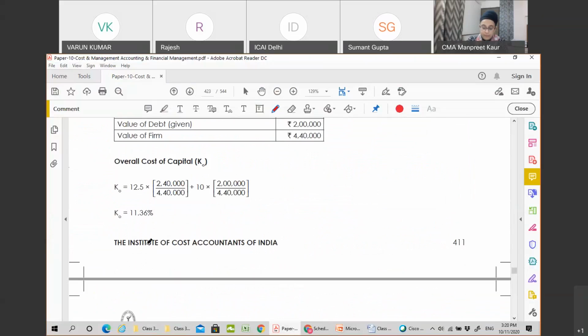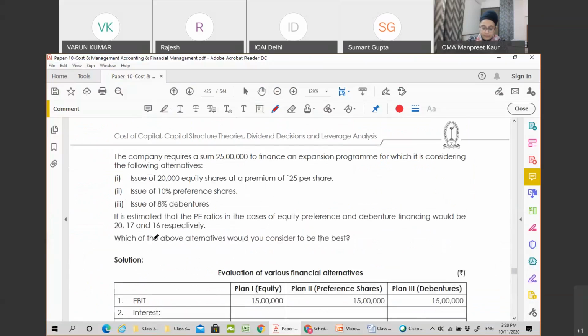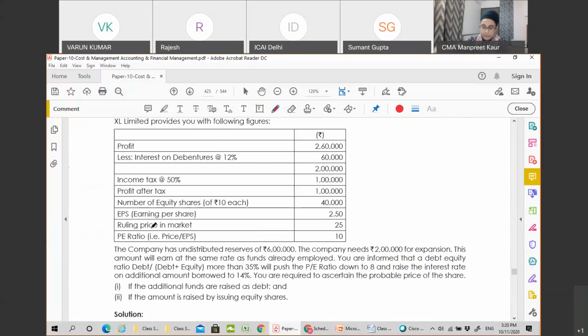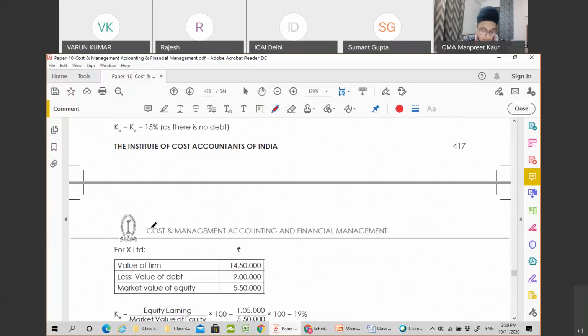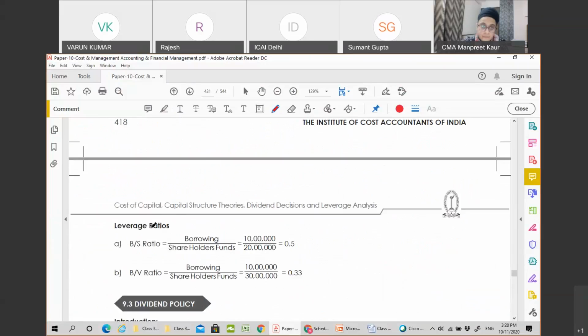Plus there are practical questions from page number 411 till 418. You will solve each question.